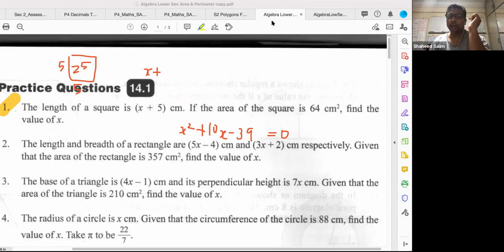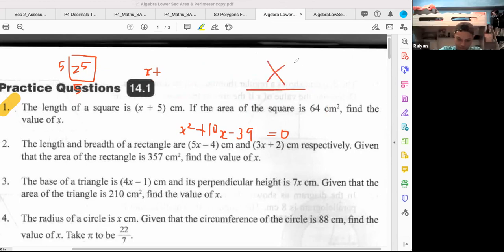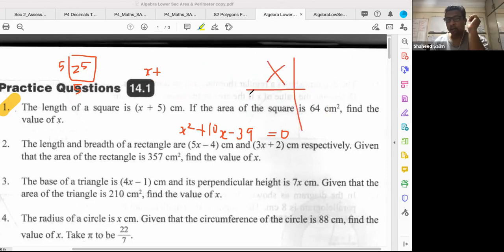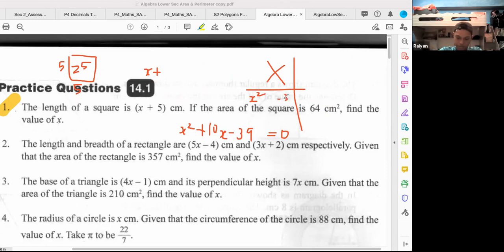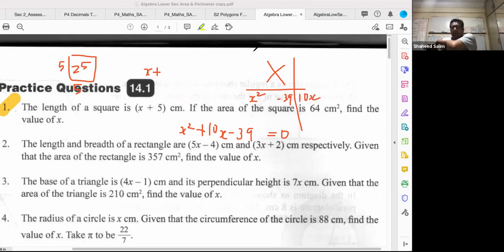You have to write like that, because there are 3 terms: square, x, number. So down here x squared. What times what gives x squared? Remember now? Yeah, remember. 39. Down here 10x. So can you try? See if you remember.